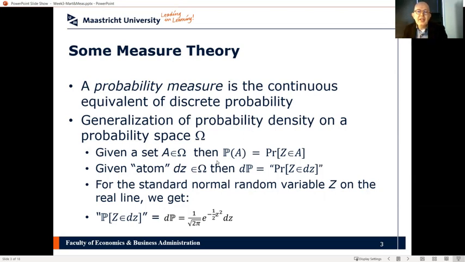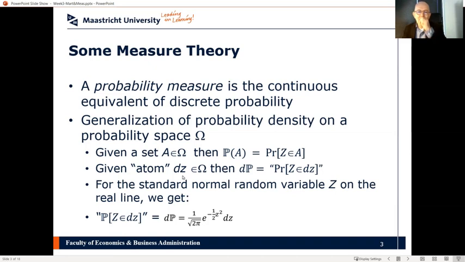And then I can really say, for the set A, I can define the probability of landing in that particular set, and that probability is a real number. If I can do this for any set, I can generalize this to the probability measure.